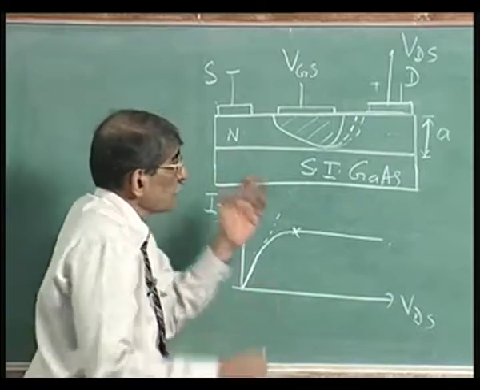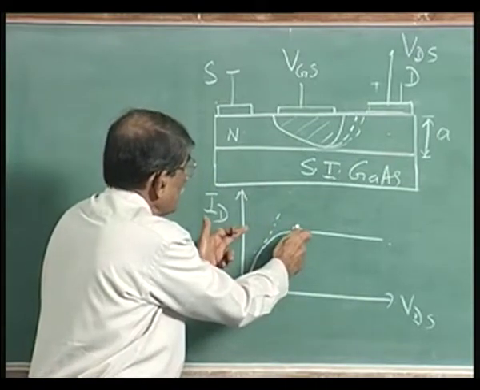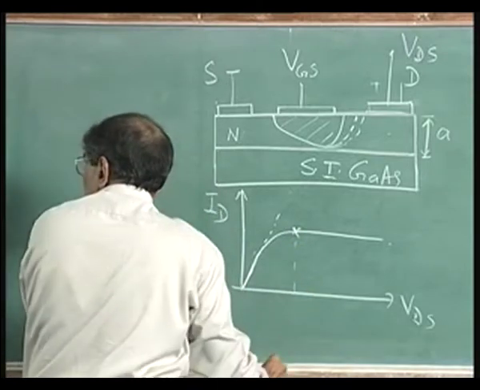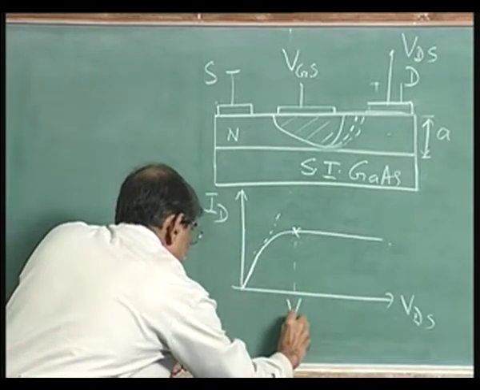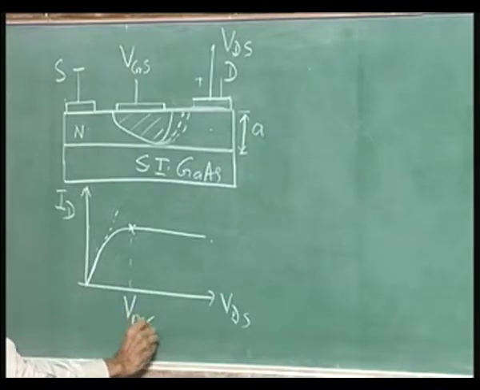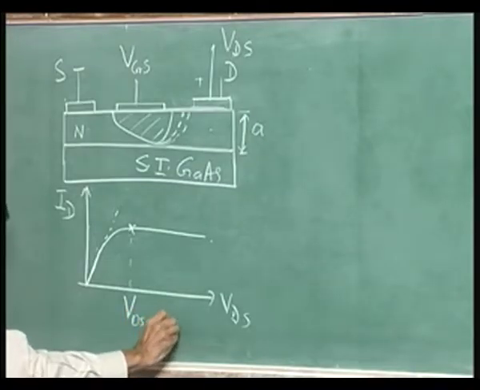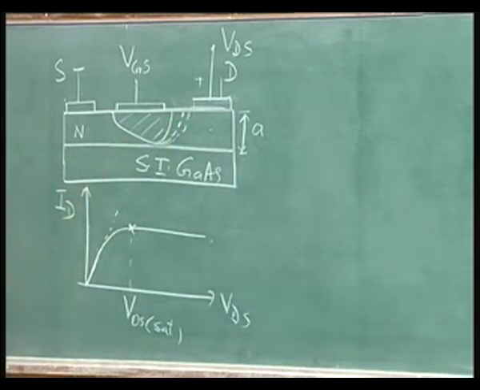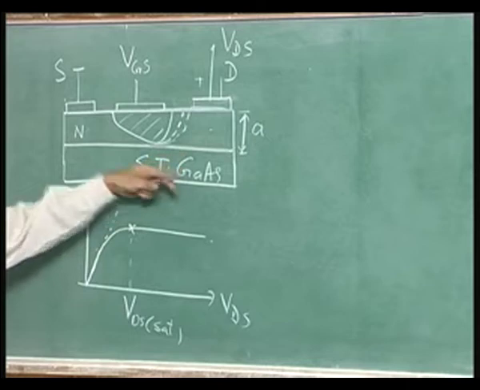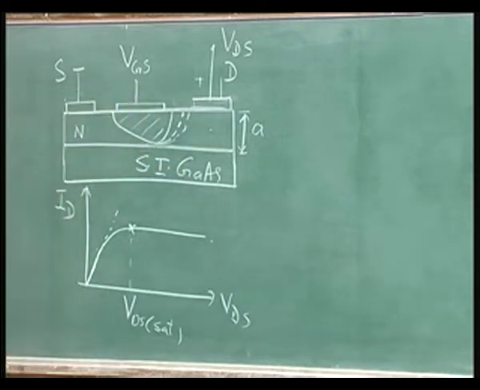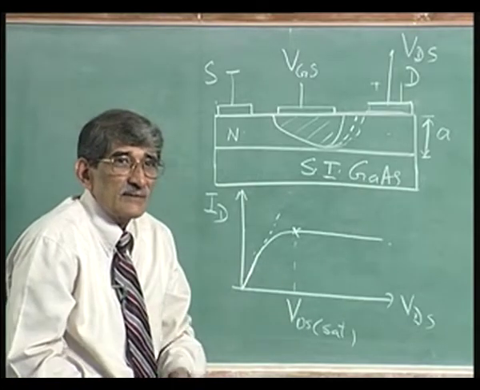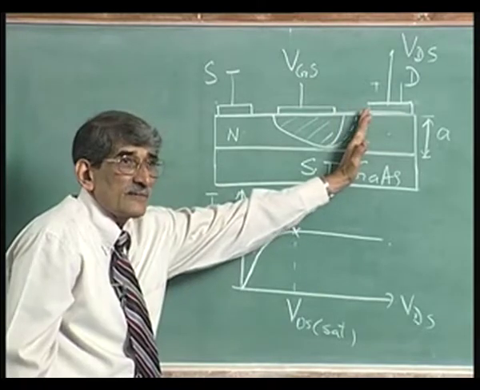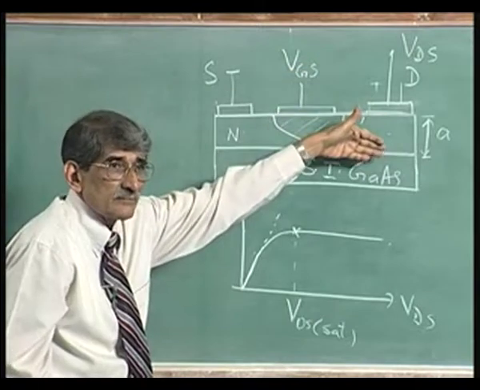The voltage beyond this voltage, that is VD sat, VDS saturation, beyond that point appears across that. So, there is a 2-dimensional effect coming up here. All through it is a 1-dimensional effect. In fact, the gradual channel approximation that you have been talking of does not hold beyond this point, because that is a 2-dimensional effect. The field will be going in that direction.